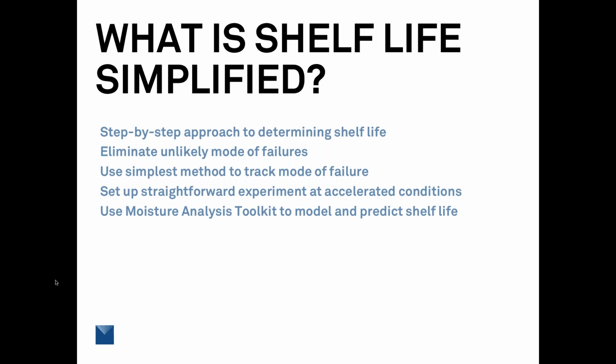And then I'm going to introduce ways that you can use our moisture analysis toolkit. This is a software program that we provide from Meter that can be helpful in being able to take the data that you would collect from a shelf life experiment and then actually do some work with it, try to use it to predict shelf life.